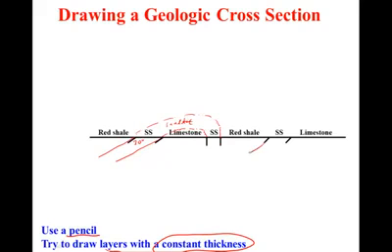I want to do the same thing over here, drawing my sandstone at a constant thickness, showing a change from 85 degrees to the east to 40 degrees to the west.